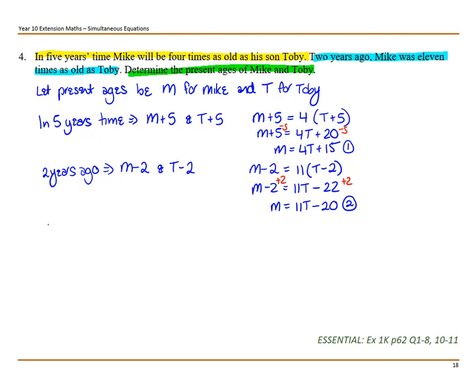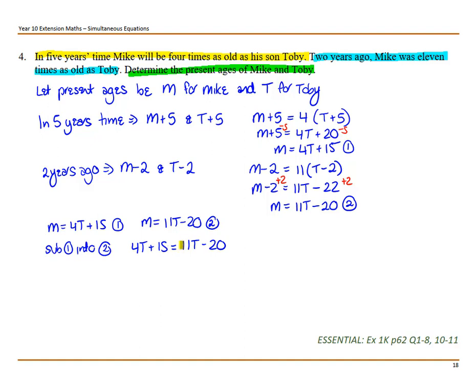So I have 2 equations. M equals 4T plus 15. That's my equation 1. And I have M equals 11T minus 20. That's equation 2. M is the same in each. So sub 1 into 2, and we have 4T plus 15 has to equal 11T minus 20.